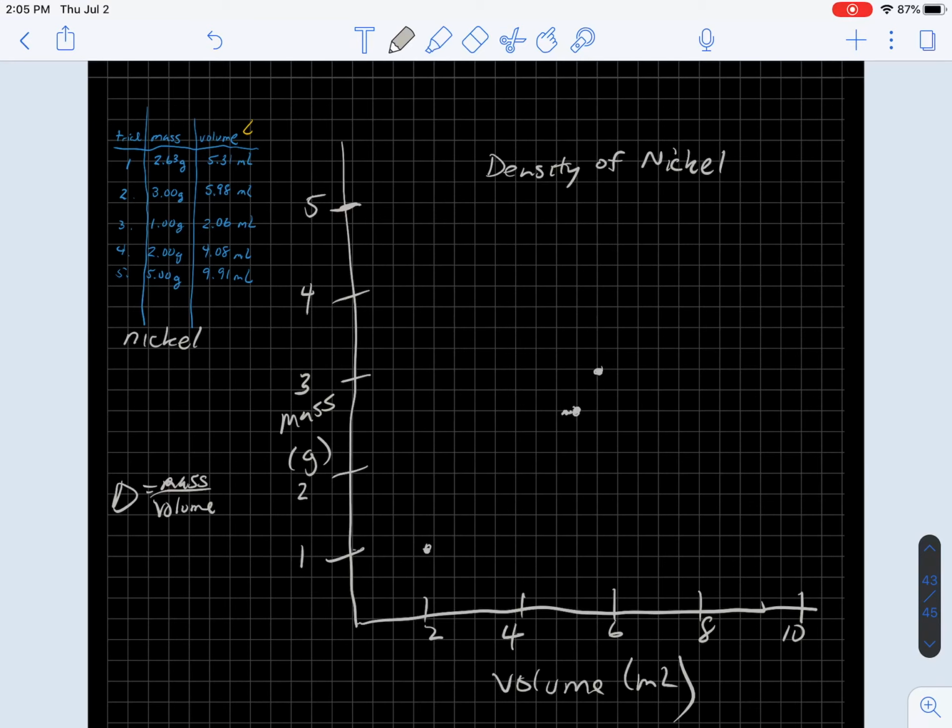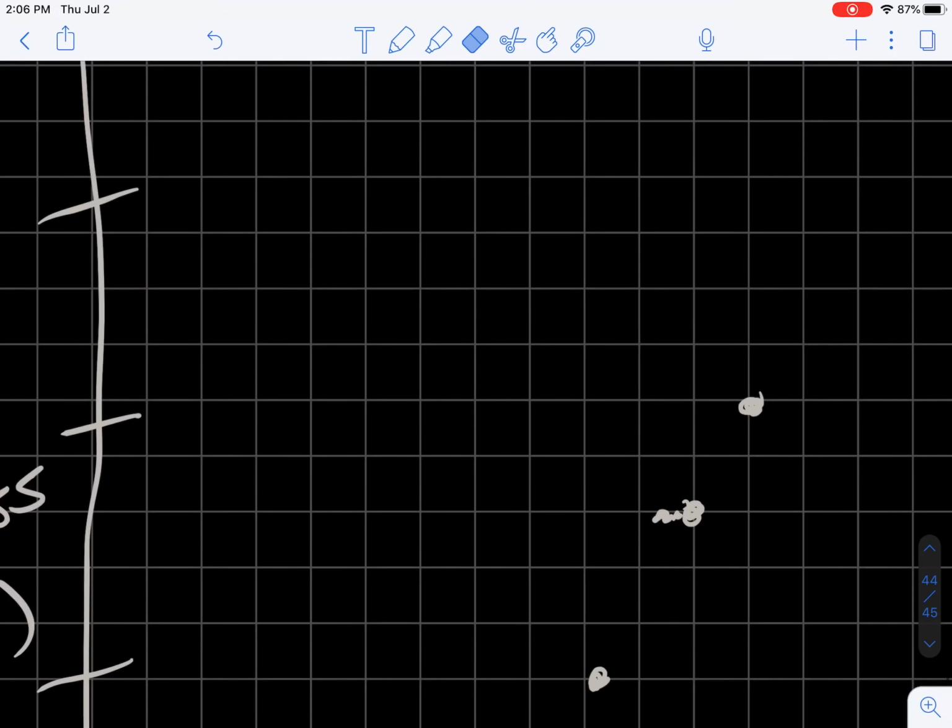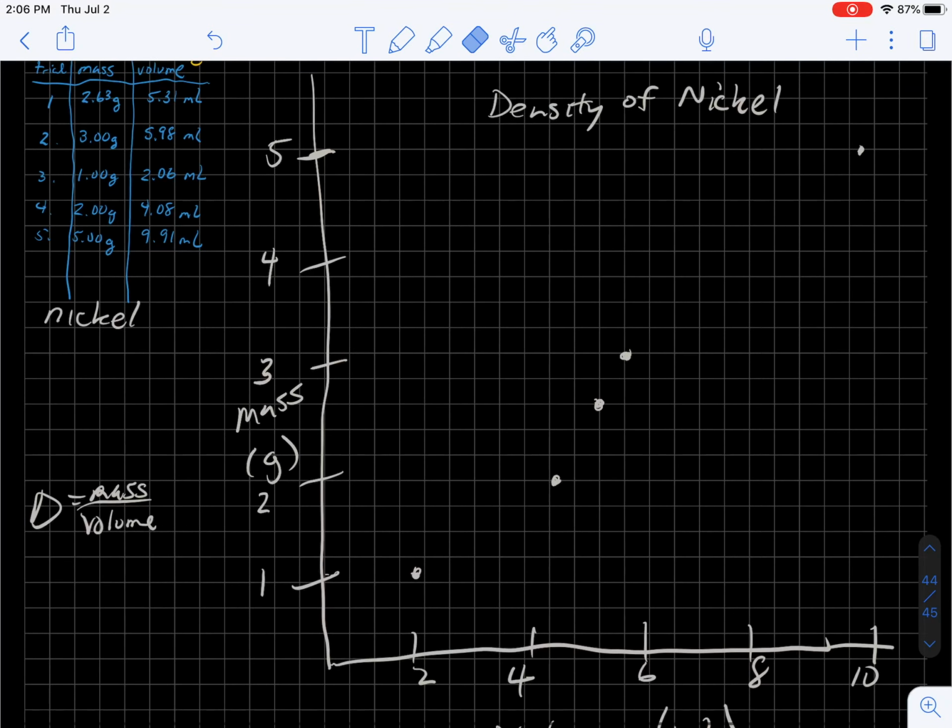And then we got 2 grams at 4.8, so a little bit past the 4. And 5 grams at 9.91, so a little bit less than. Let's go here actually. It's hard to tell. I mean, if I zoom in, I can get rid of that. Looks a little bit better.